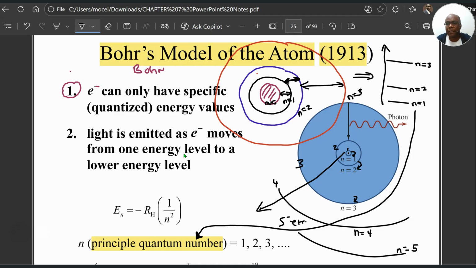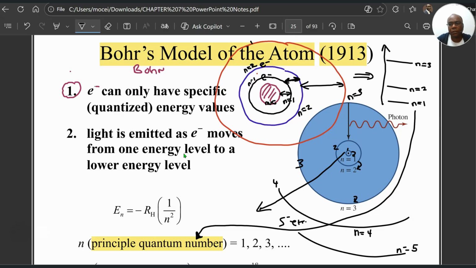They have different energies because they are moving far from the nucleus, and therefore electrons, which are usually found in these energy levels, will have their own different energies. So an electron in n equals 1 is going to have a different energy value compared to an electron in n equals 2.